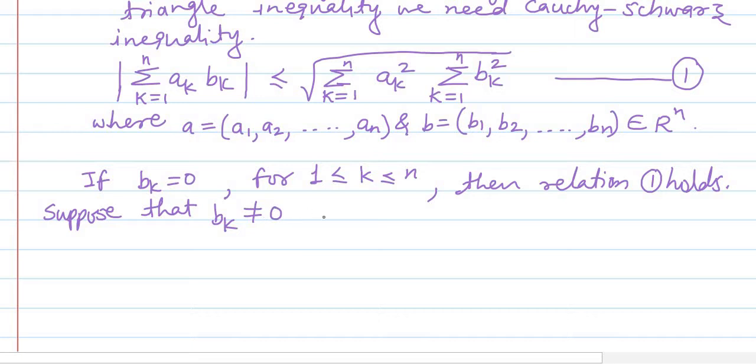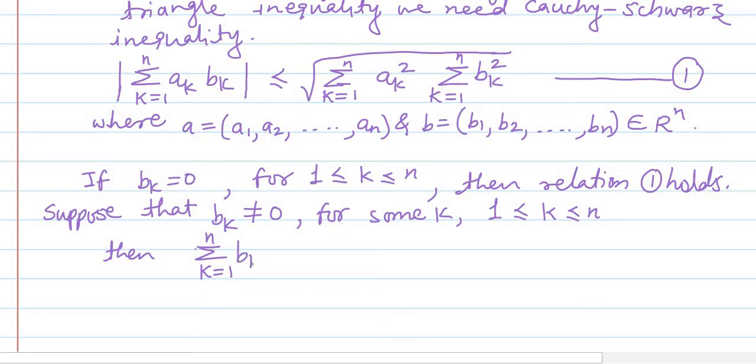Then clearly the summation over k equal to 1 to n of bk square will be greater than 0, because for that value of k, bk is non-zero, the square of a non-zero real number is positive, and a summation of positive real numbers is positive.